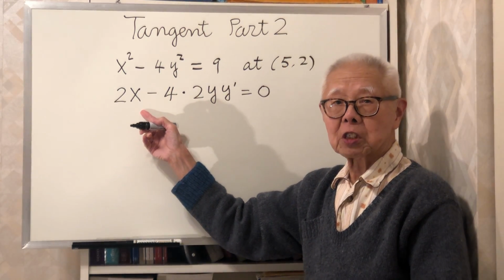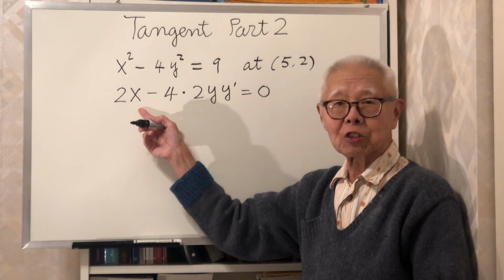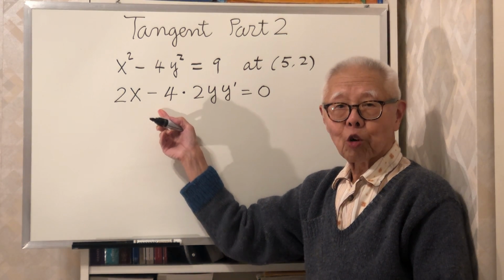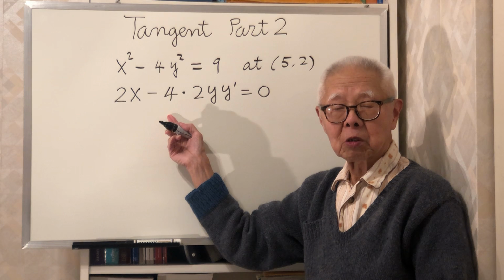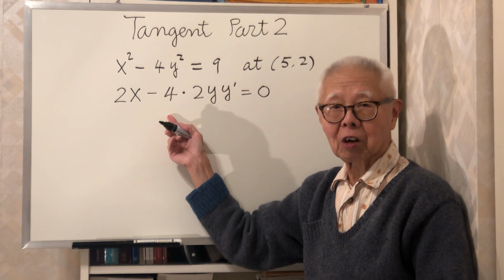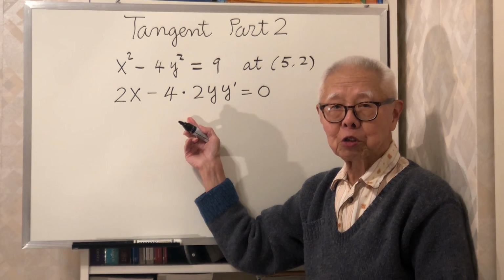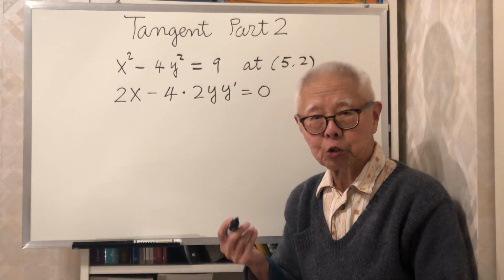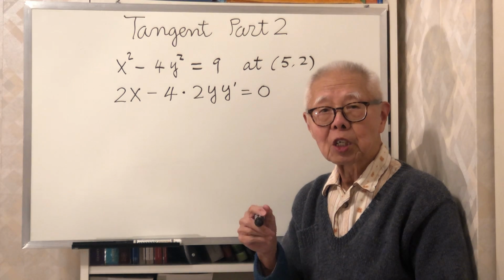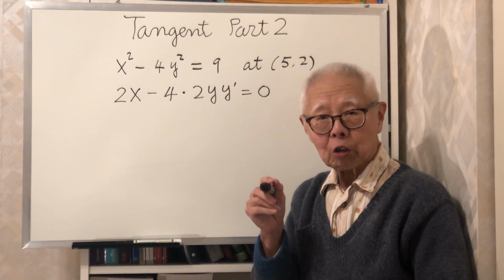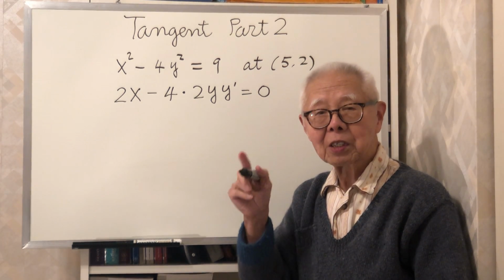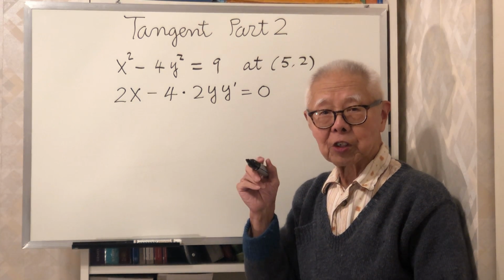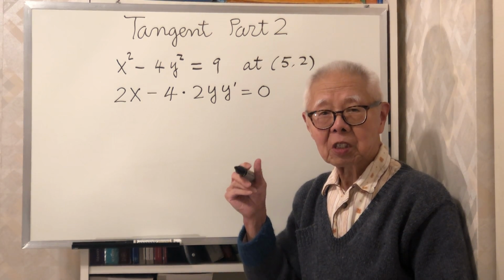Implicit differentiation gives us 2x minus 4, which is a constant multiple. We do nothing to the constant multiple and just do the derivative of y, for which we use the power rule. So it's 2y followed by chain rule, 2y y prime. And the derivative of a constant is 0.